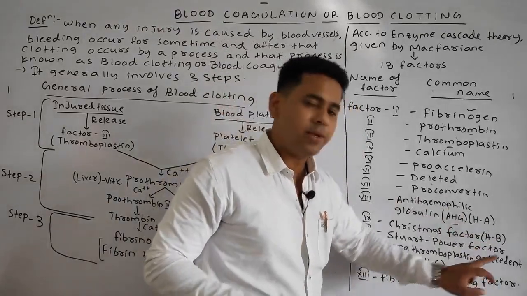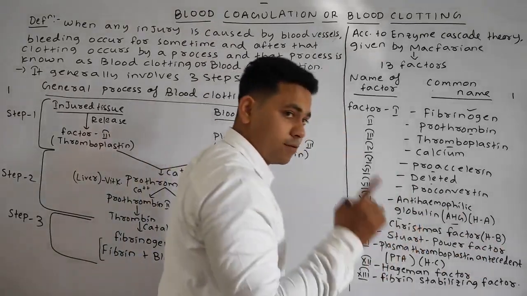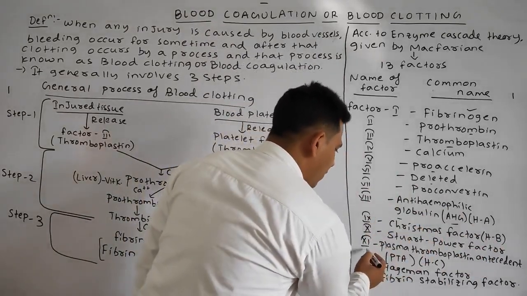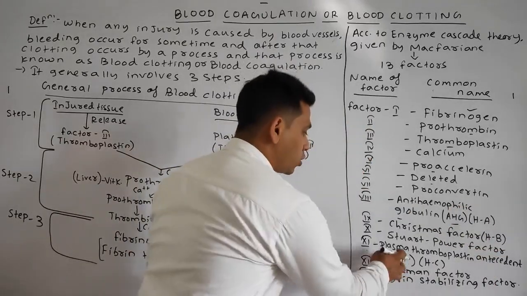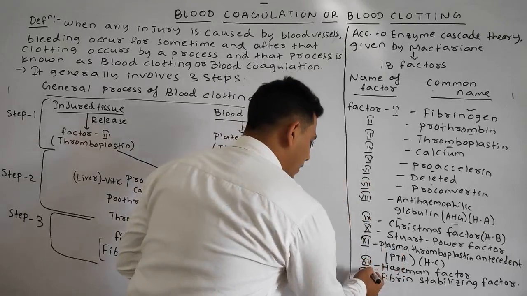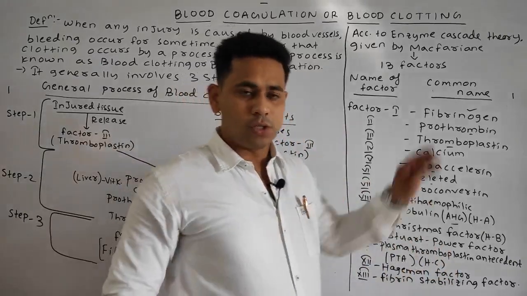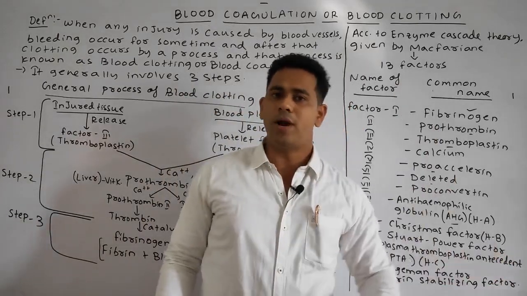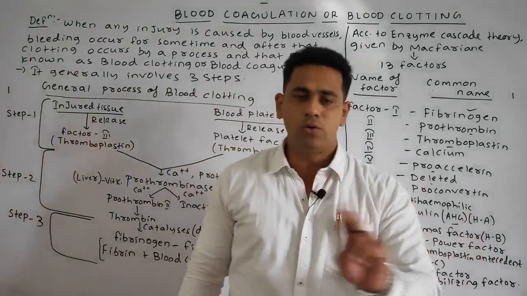What is AHG? I will tell you, don't worry. Factor 9 Christmas factor, factor 10 Stuart-Prower factor, factor 11 plasma thromboplastin antecedent or PTA, factor 12 Hageman factor, factor 13 fibrin stabilizing factor. So these are the 13 factors required for blood clotting. HA, HB, HC, what they are, I will tell you, don't worry about it.